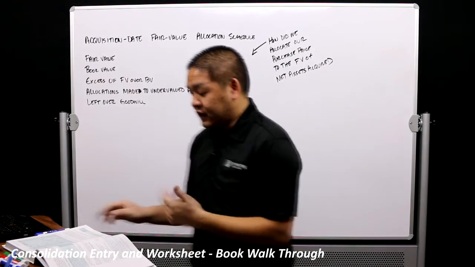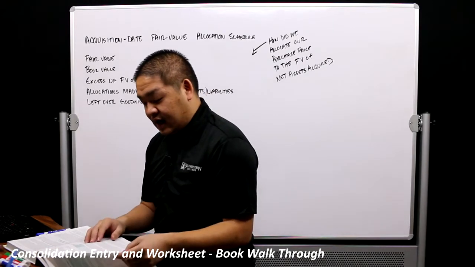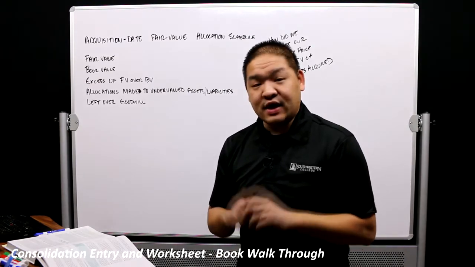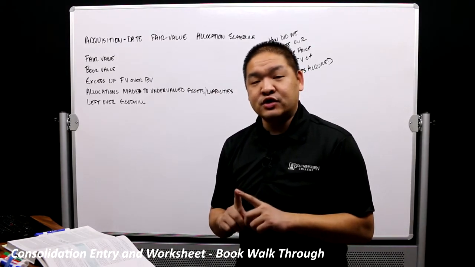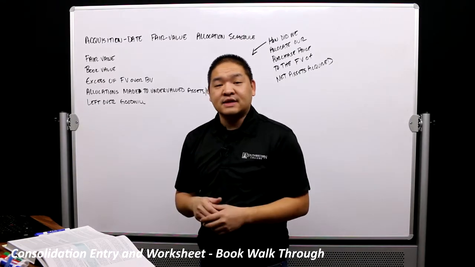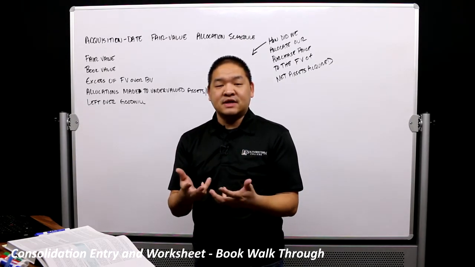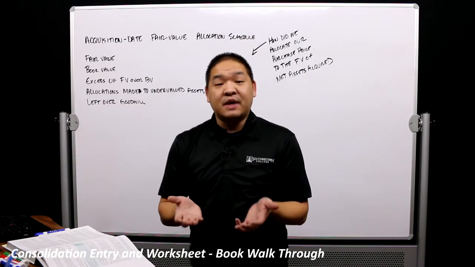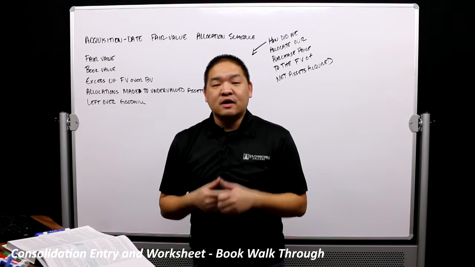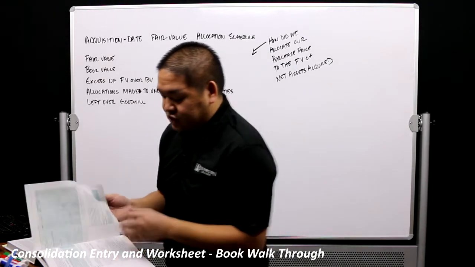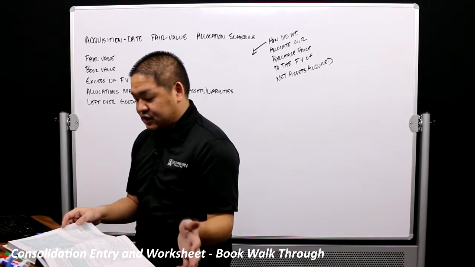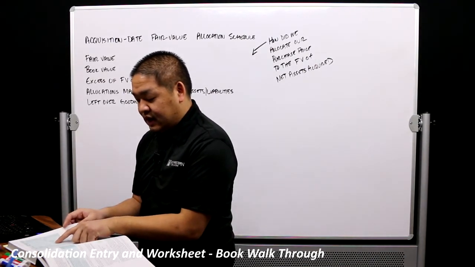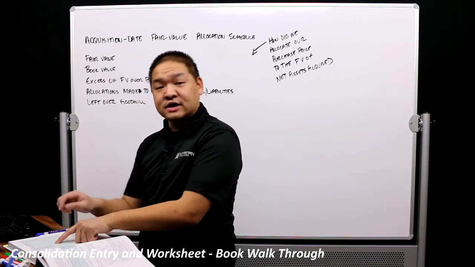So if we flip the page to page 58, you're going to see consolidation A. Consolidation entry A is the consolidation entry that we are going to do to step up the asset. So we're going to get rid of that investment in investee account of $2,020,000. We are going to do that by stepping up the asset's book value. So the book values, as you saw on Exhibit 2-6, the worksheet, you notice that the book value of the computer equipment is $400,000 on Smalls.